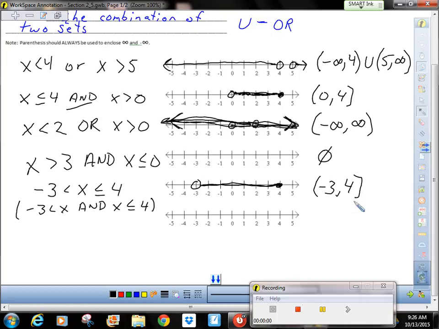Okay, I can think of one more that might be a little crazy, so let's do the one more crazy. Let's do x is less than 4, or x is less than or equal to 2. If you go to graph this one, I would start at 4 with a circle, right?